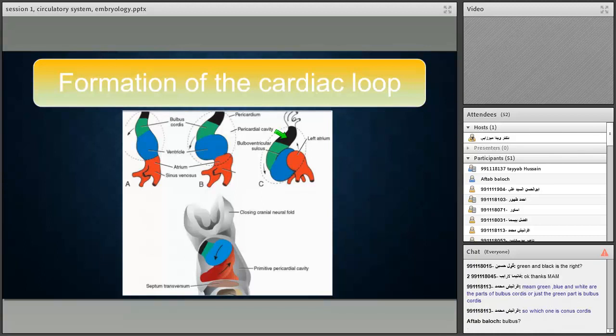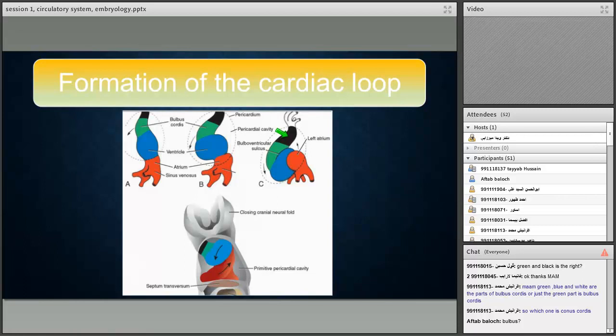Conus cordis will form the outflow tracts of both ventricles. Conus cordis is the black one. All of these three are called bulbus cordis. Conus cordis is just the black one.